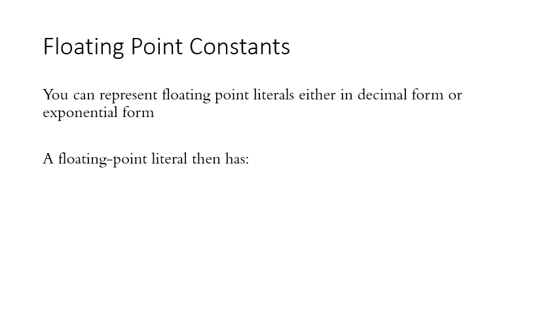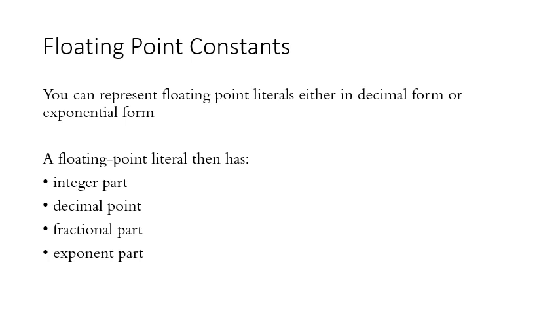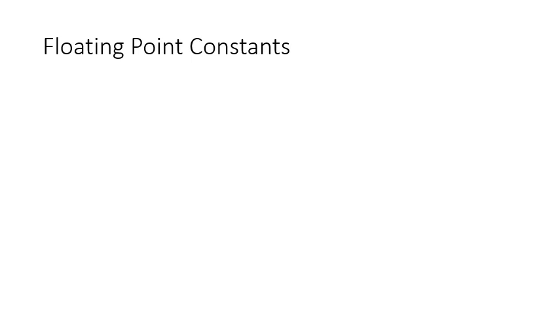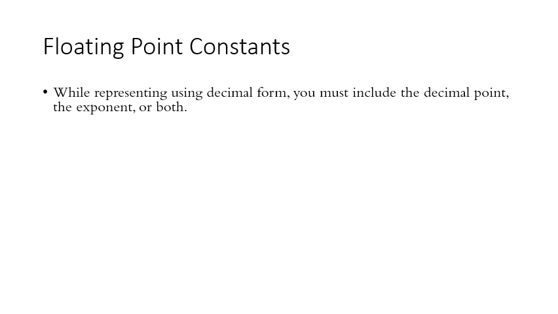So a floating point literal has an integer part, a decimal point, or if you are using an exponential form, it has either a fractional part or the exponent part. While representing using decimal form, you must include the decimal point, the exponent, or both.